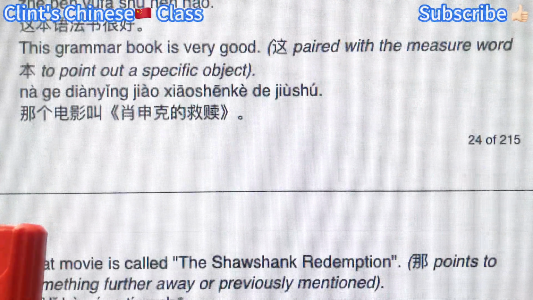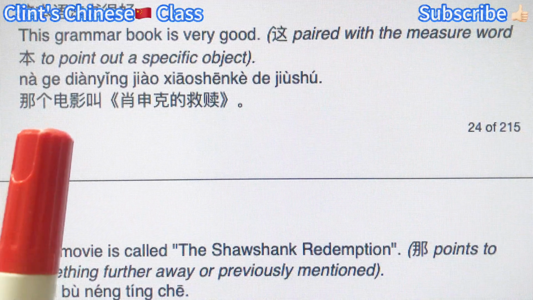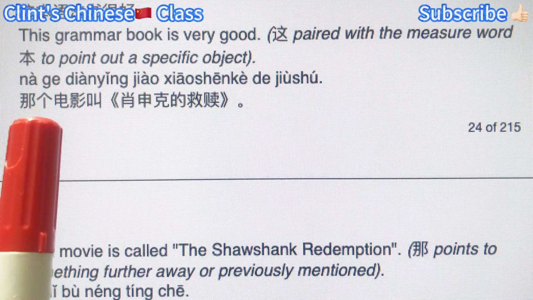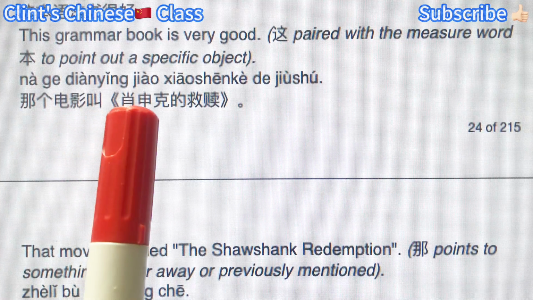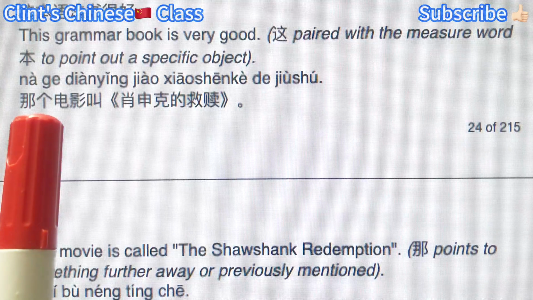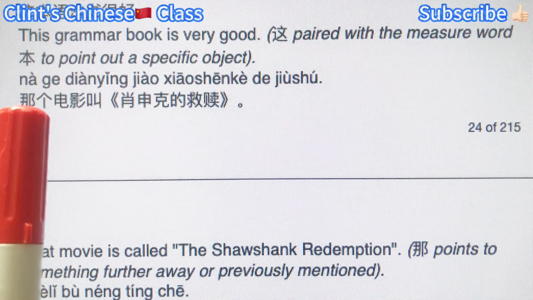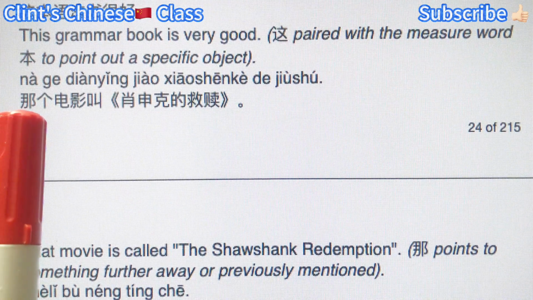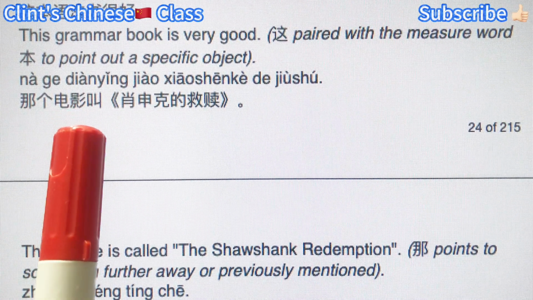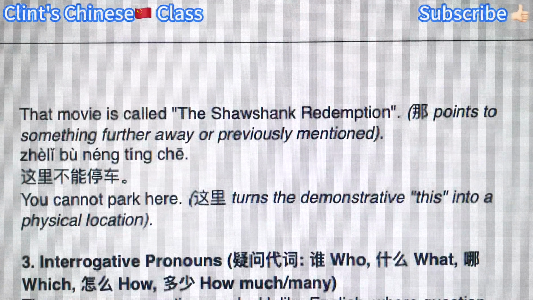Okay, and next one, how to say this movie is called The Shawshank Redemption, which is one of my favorite movies. 那个电影叫《肖申克的救赎》。个 is the measure word, so you use it to connect the demonstrative pronoun 那 that with the object movie. Next one.